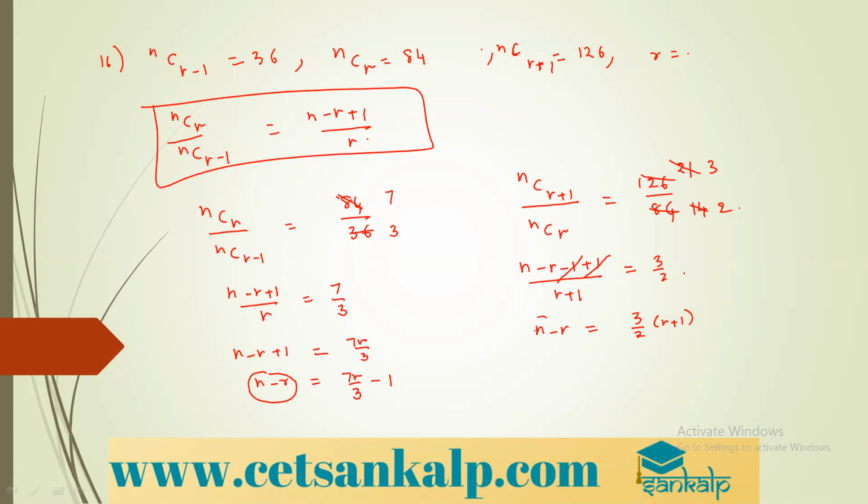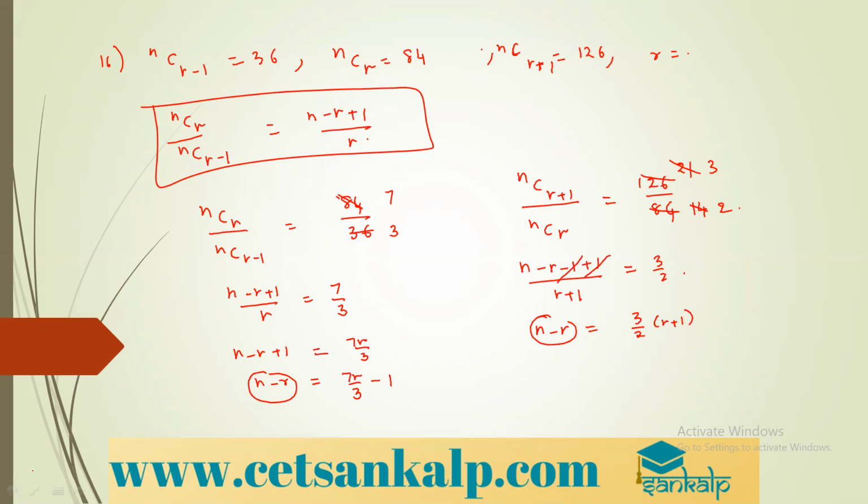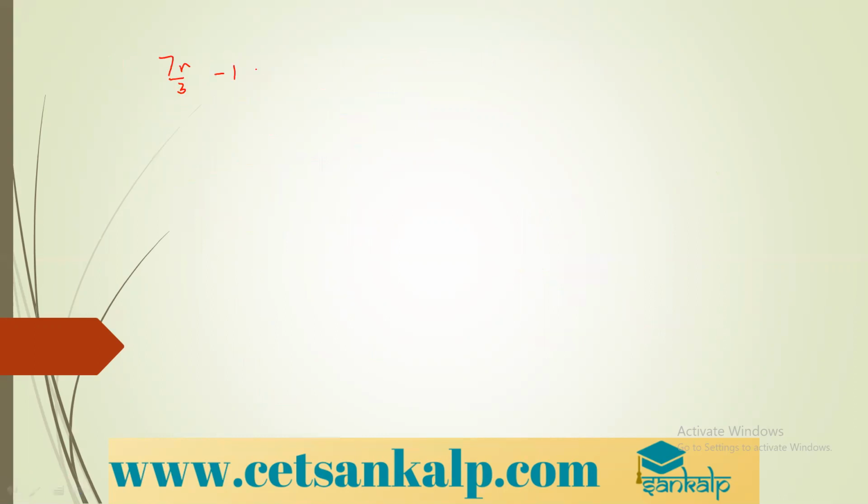So here also N minus R, here also N minus R I got. So I can set them equal. That means 7R by 3 minus 1 I can set equal to 3 by 2 into R plus 1 to solve this equation.